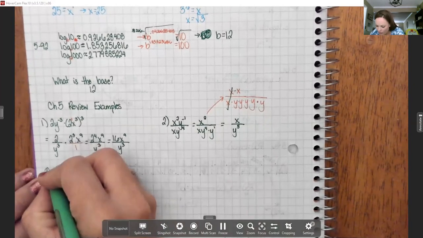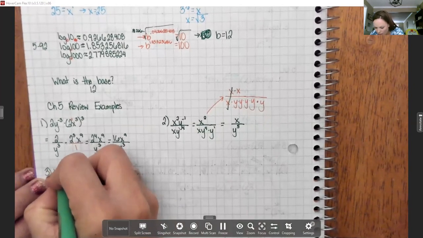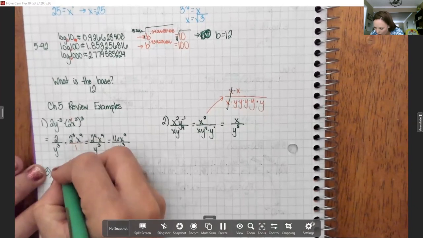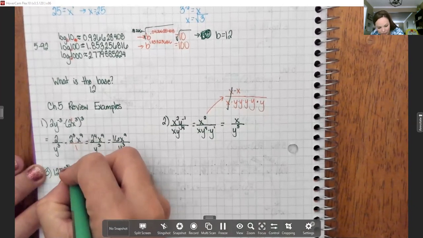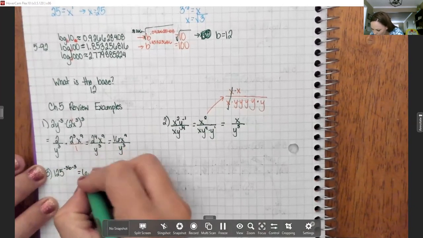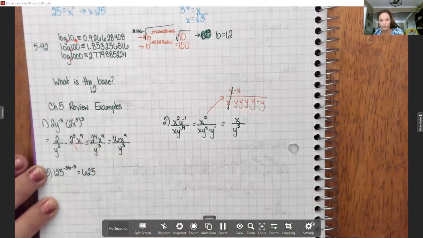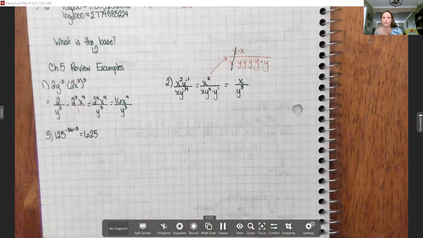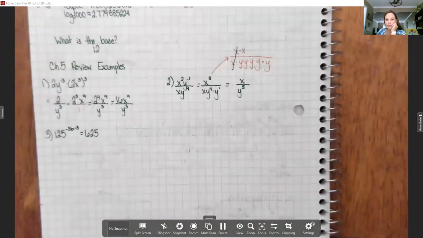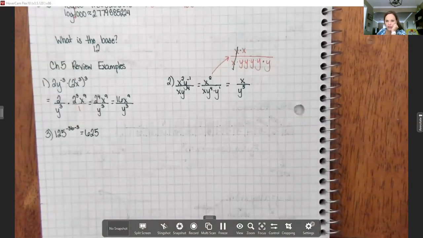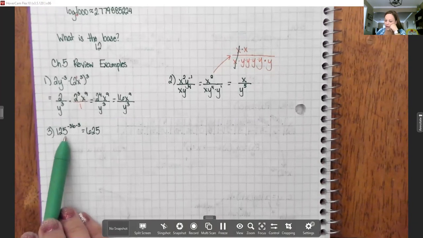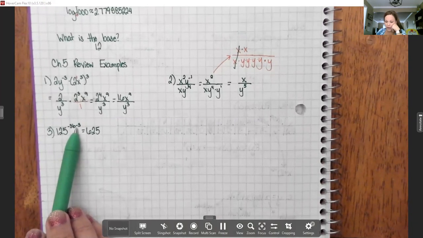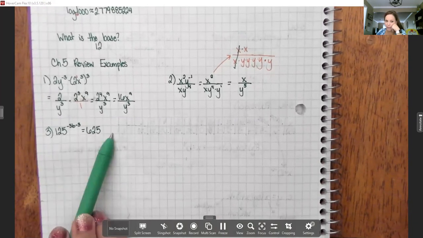All right, number 3 is solving 125 to the power of negative 3b minus 3 equals 625. So when you're doing these problems, whenever we're solving for an exponent, we need to get the same base.